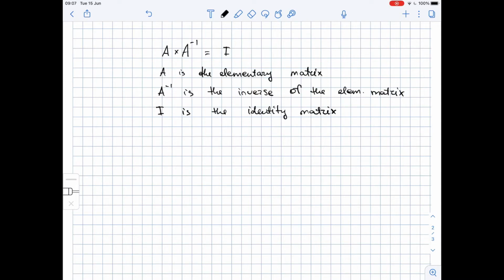So now let's see how we can find the inverse of an elementary matrix by looking at an example. For instance, we have a 3 by 3 elementary matrix A, and it looks like this: 1 0 0, negative 7 1 0, 0 0 1.